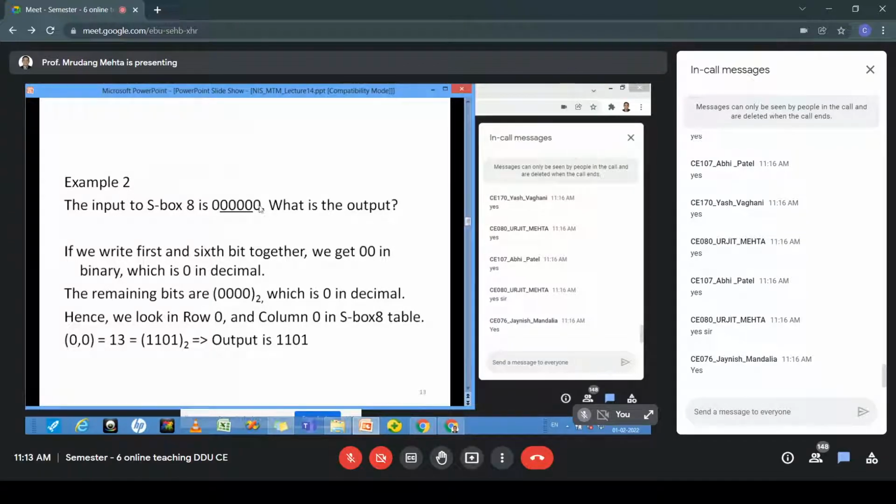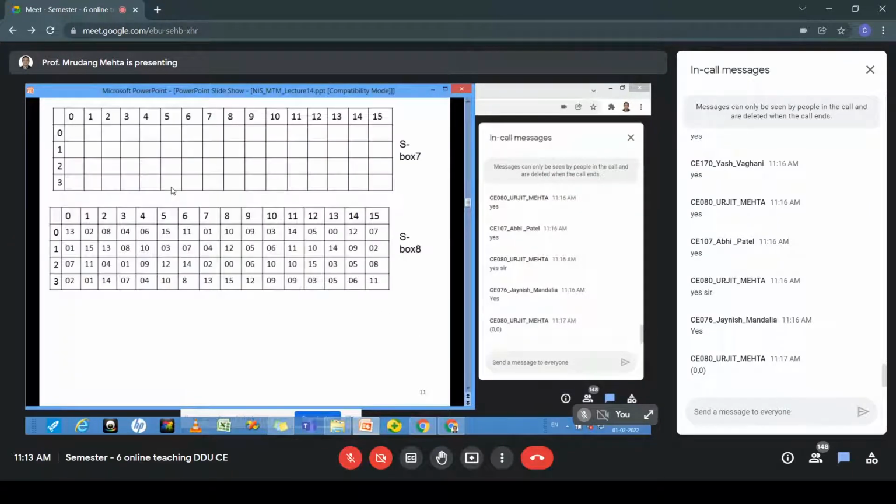The first bit and sixth bit are taken together, so that is 00. 00 in binary is 0 in decimal, so that indicates row 0. In which S box? S box 8. Here we have this S box 8.